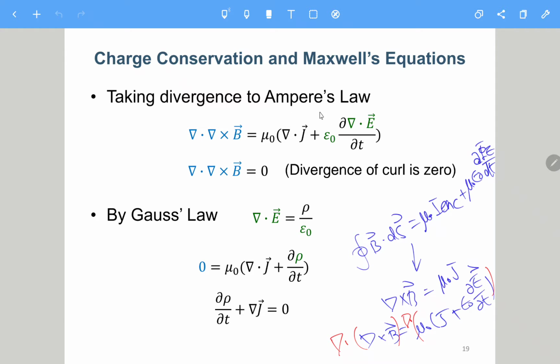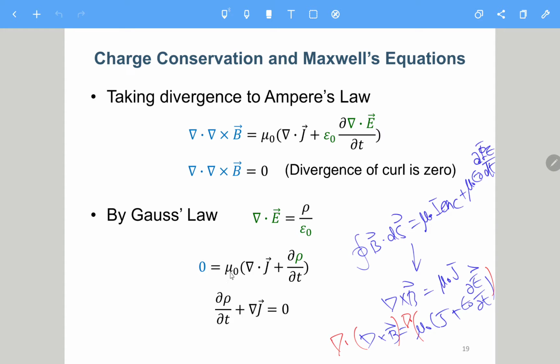On the right side, we also have the Gauss law. The divergence of E is rho over epsilon naught. So we put rho over epsilon naught in here, and then the 1 over epsilon naught and this epsilon naught cancel each other. Finally, this becomes partial rho partial t.